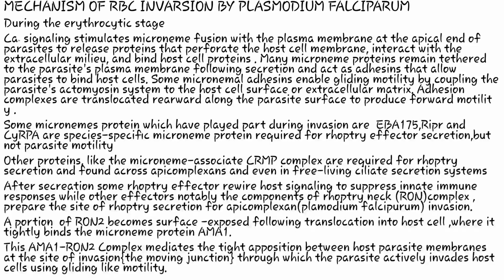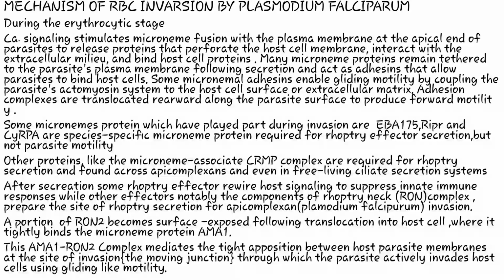Some microneme adhesins enable gliding motility by coupling the parasite's actin myosin system to the host cell surface or extracellular matrix. These adhesion complexes are translocated rearward, backward, along the parasite surface to produce a forward motility.